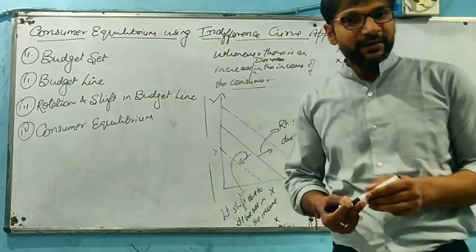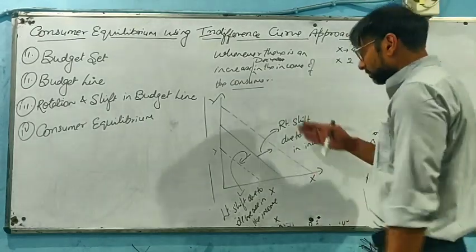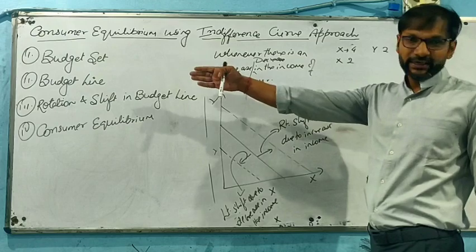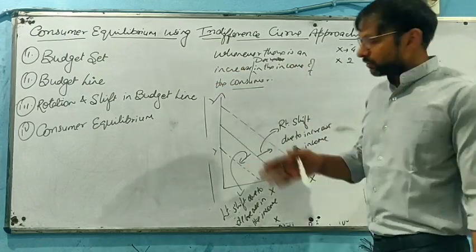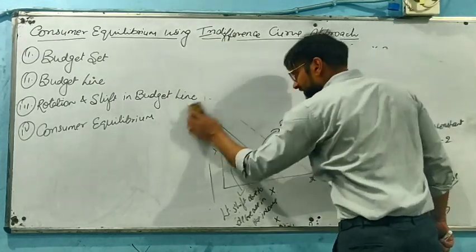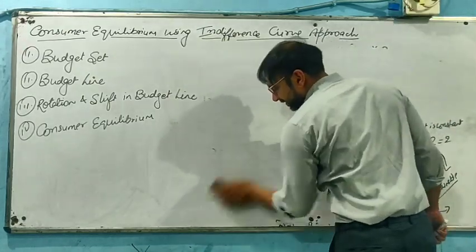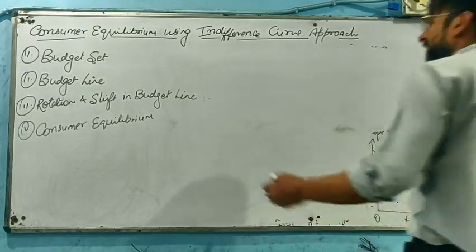So this is how we have seen how a budget line can rotate or how a budget line can shift. And we have talked about the possible reasons. Both an increase in price as well as an increase in income will have an effect.